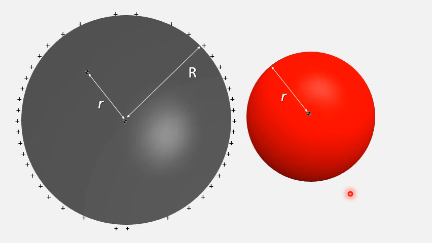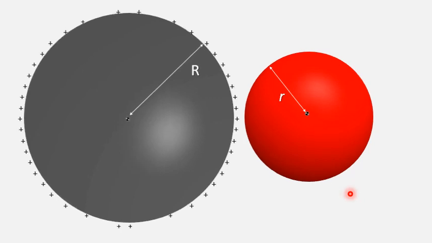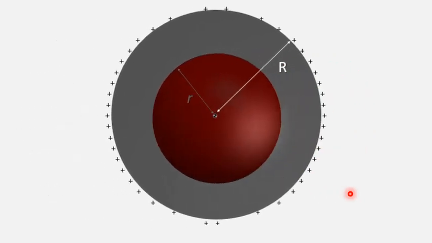Place or imagine the Gaussian surface in such a way that the center of the Gaussian surface coincides with the center of the shell. Okay, so all three things I have mentioned, and now this is the condition. The red one is the Gaussian surface and the dark gray or black one is the shell. And this is the point where we want to find the electric field. So let us see how to find it.